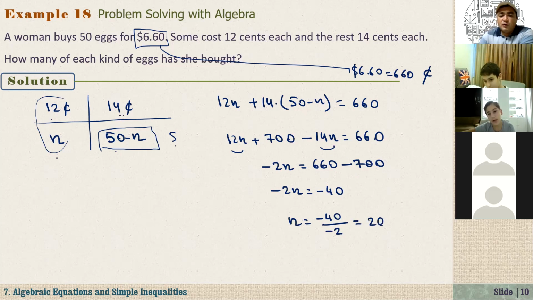Right? If n equals 20, that means the woman bought 20 12-cent eggs, and 50 minus 20, she bought 30 14-cent eggs. After you write the algebraic equation, it's so easy to continue. But it was hard to understand that.